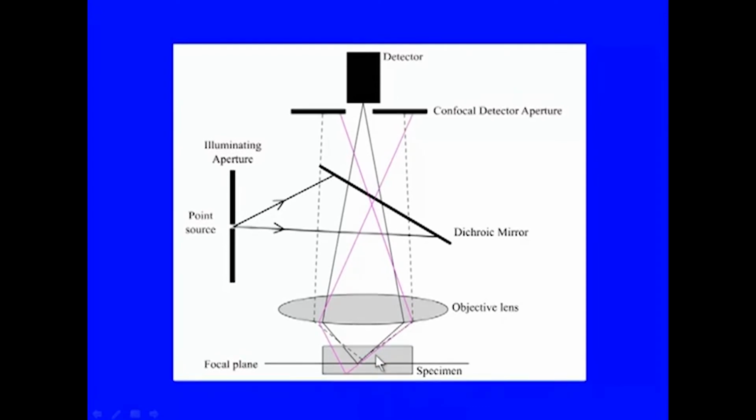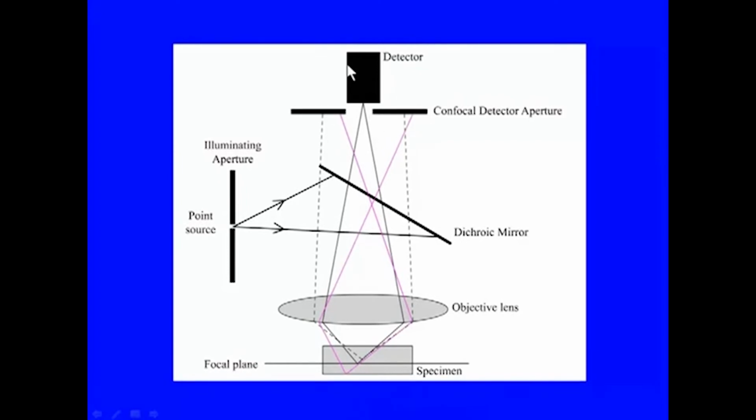And you have a lot of images generated. Now, when it is at a particular focal depth or focal point, the fluorescence emitted from there, as it goes through the objective lens, is allowed to pass through to the detector. Like we have already discussed, it will allow the particular wavelengths to pass through. So, when the point source, the point at the specimen and the detector are in focus, the fluorescence emitted from there will pass through the confocal detector aperture, and the out of focus light will not be allowed to pass through.